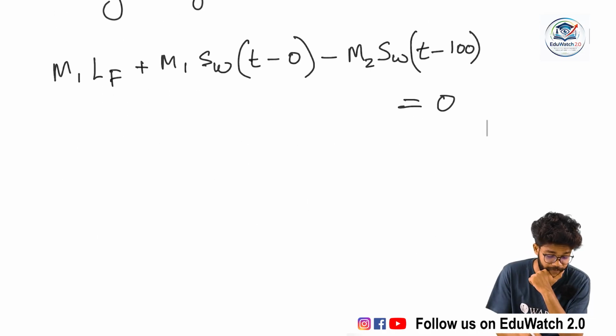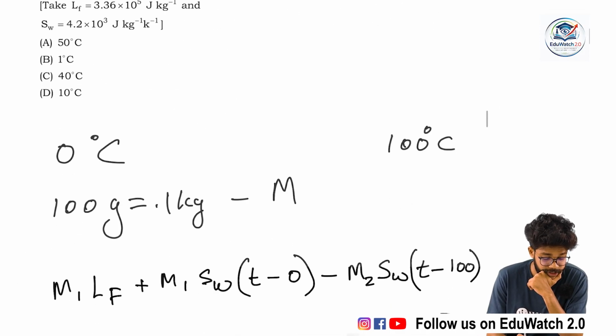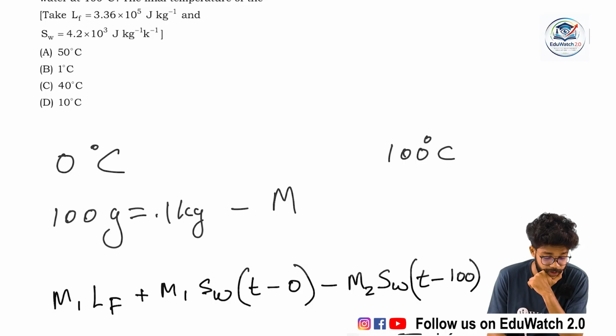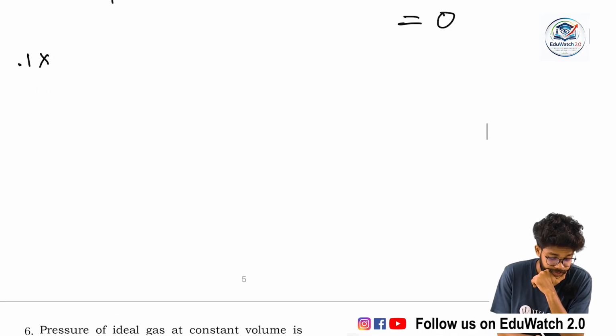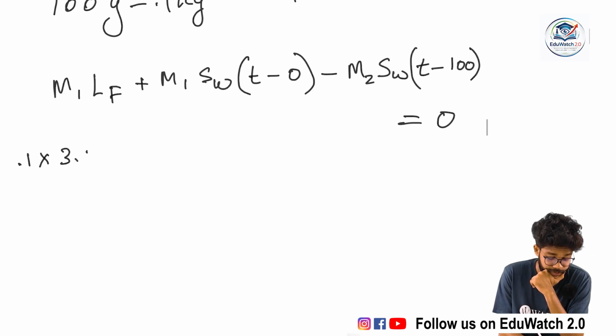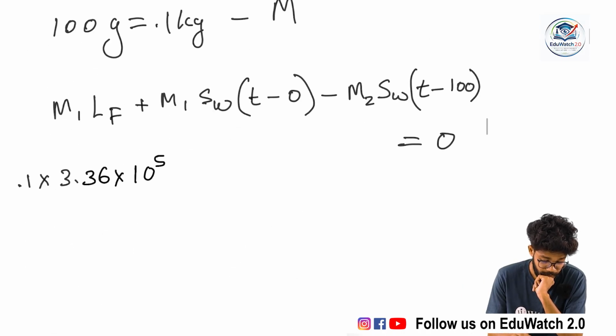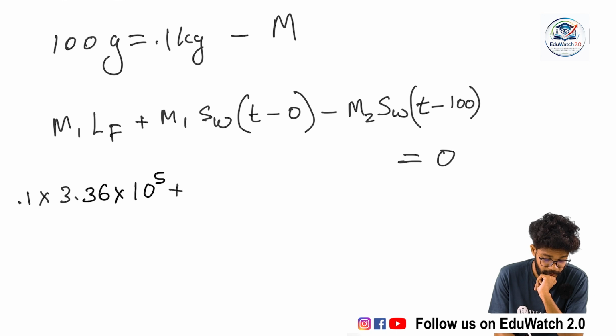We can substitute M1 as 0.1 multiplied by LF. LF is what? 3.36 into 10 raised to 5 joule per kilogram, plus 0.1 into SW.